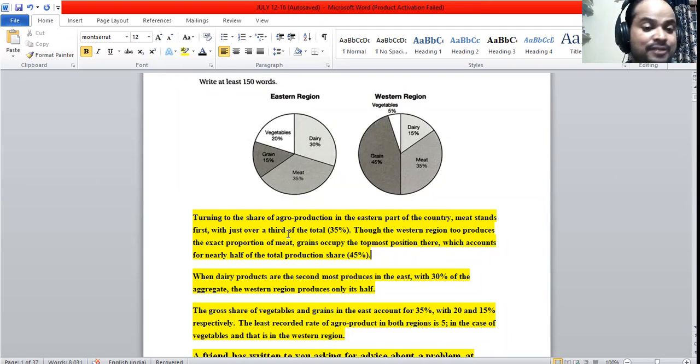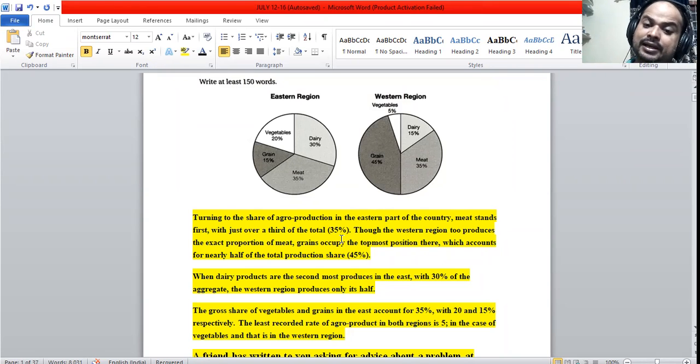Meat stands first with just over a third of the total. Just over a third means 33.3%, something like that. Of the total agricultural production, meat stands first.